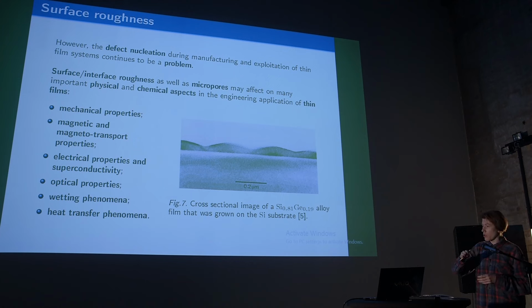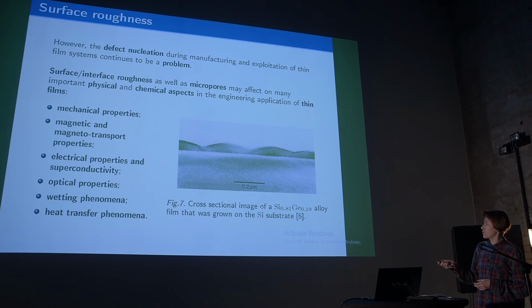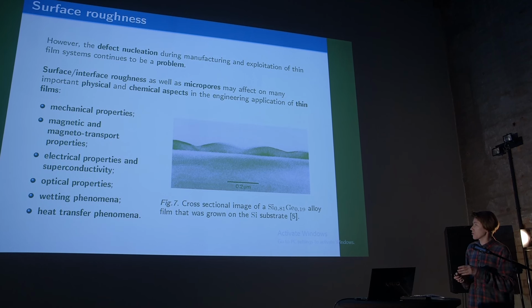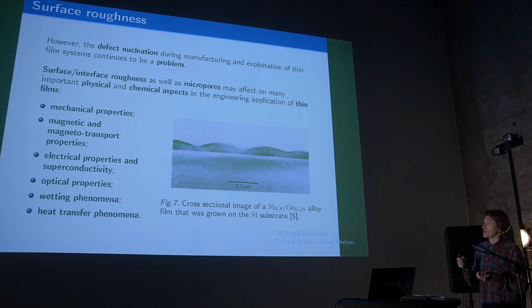As you can see, when we develop thin film, we have some relief on the surface, or even on the interface. Here you can see the cross section of the film that was grown on the substrate, that was annealed, and we have some waviness on the free surface. This defect can decrease mechanical properties, electrical properties, optical properties, and so on.